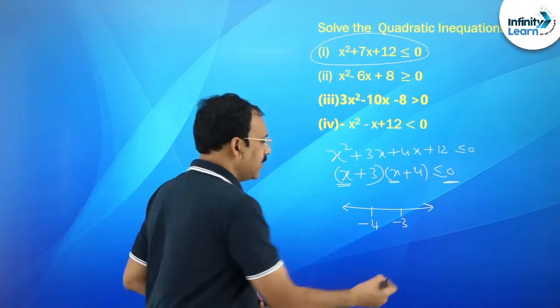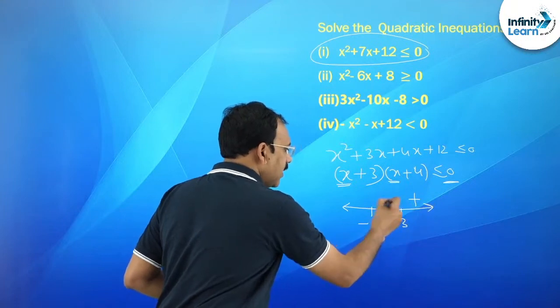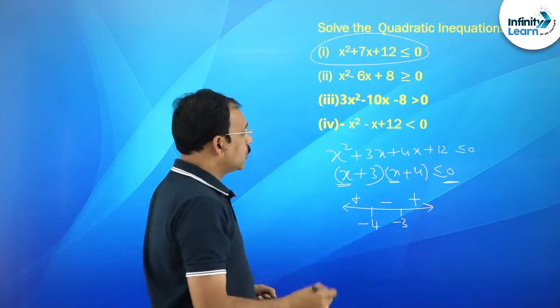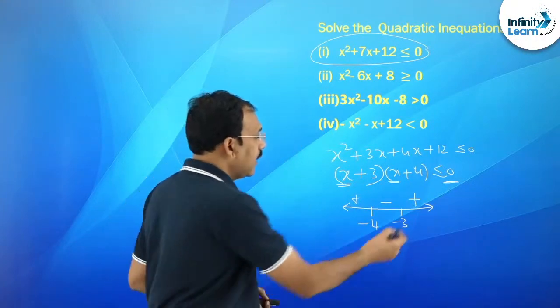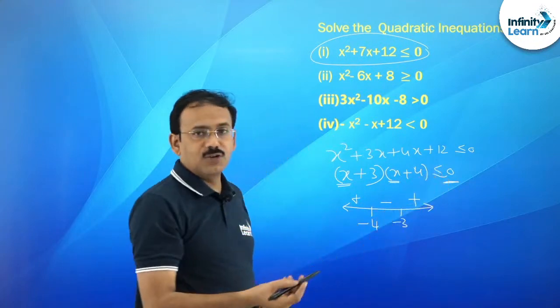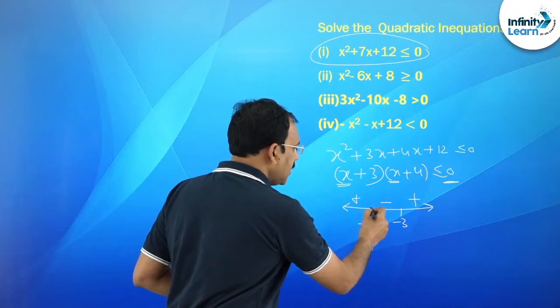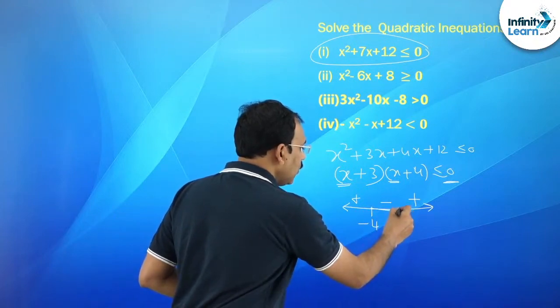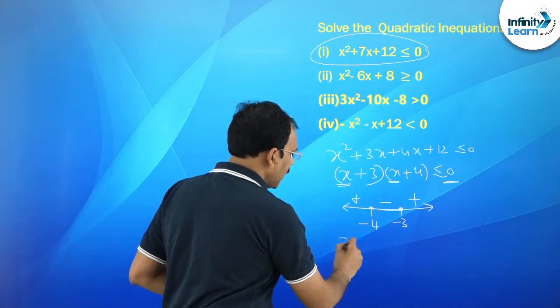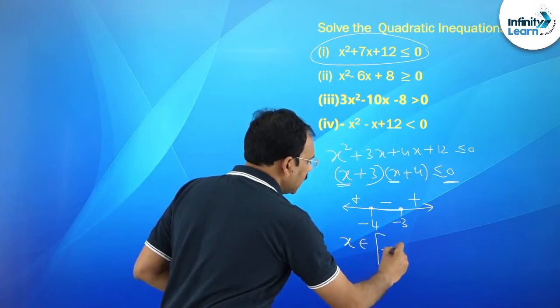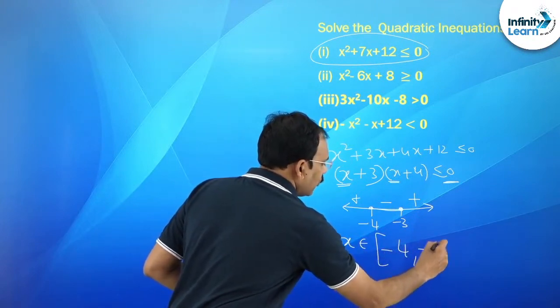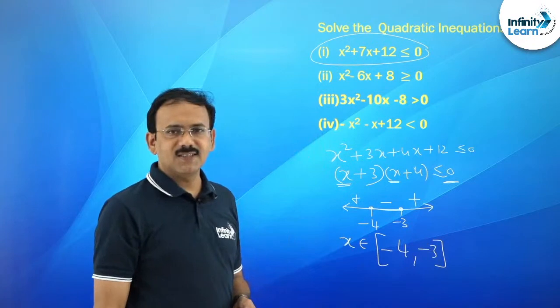Immediately plot the signs: right side is positive, then negative, then positive. What kind of x do you want? I want less than or equal to 0, that means negative as well as 0. This is minus 4 to minus 3 including minus 4 and minus 3. Can you give the solution set? It is the closed interval minus 4 to minus 3, isn't it?